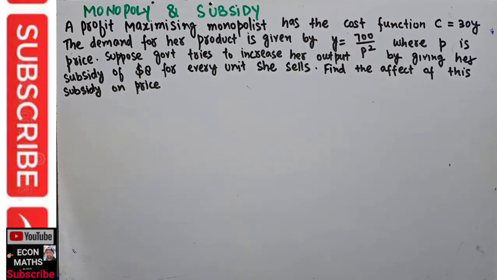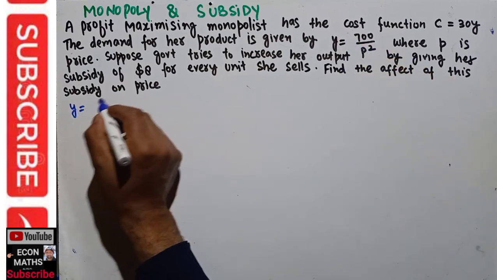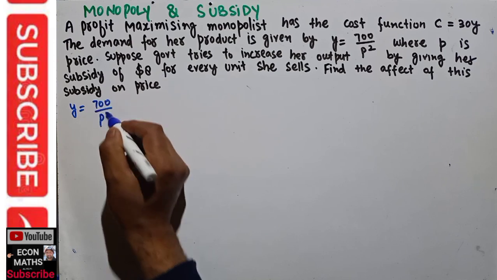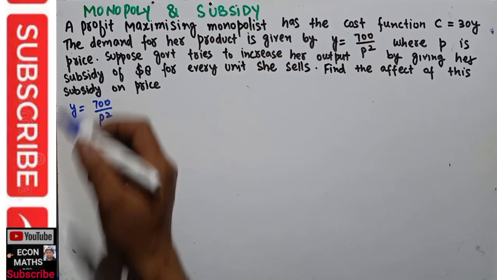Okay, so what will happen to the price we need to find out, given the subsidy of $8 for every unit. Okay, so let us try to solve this question. So first we have this demand function, y is equal to 700 divided by p square. Okay, so let's first find out the inverse demand function. That means we need to solve this for p.